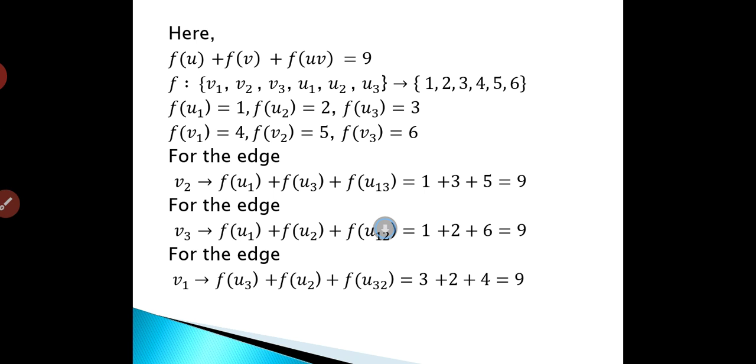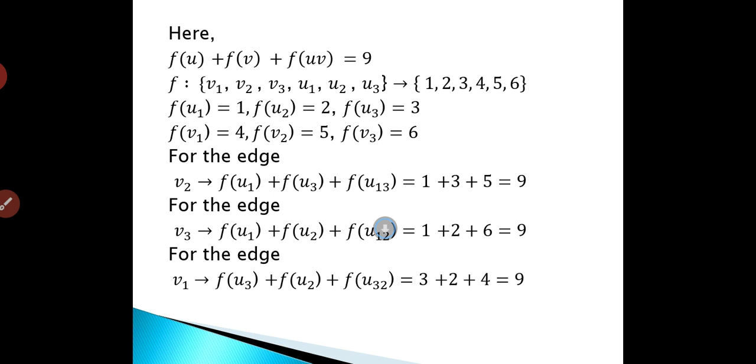Our mapping is small f from the vertex set and edge set, v1, v2, v3, u1, u2, u3, and the labels are 1, 2, 3, 4, 5, 6. f(u1) is labeled as 1, f(u2) is labeled as 2, f(u3) is labeled as 3.